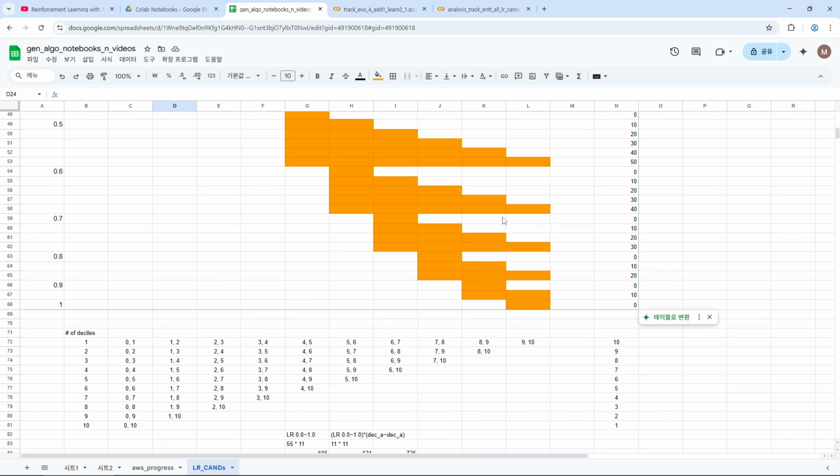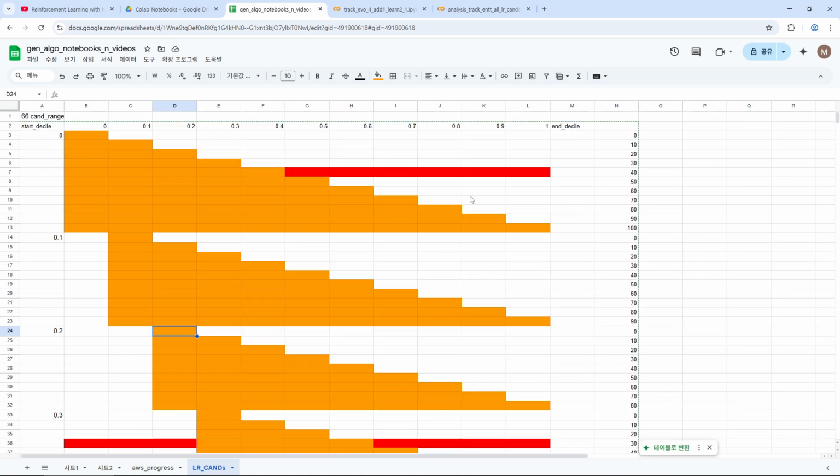Doing this would give us 66 candidate ranges, or rather windows and ranges. I'll try to use them interchangeably. I don't know if that's actually going to be more confusing or not.